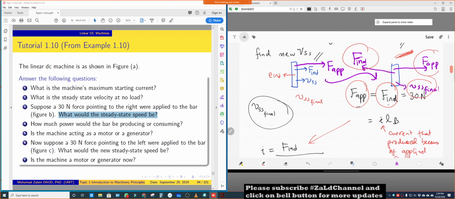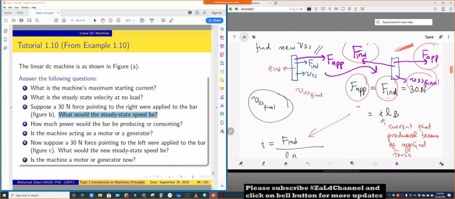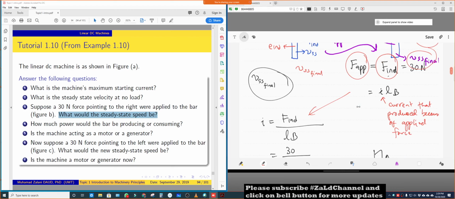Meaning that we can use the applied force of 30 Newton firstly to find the current. Okay, we can use the applied force of 30 Newton to find the current using ILB.